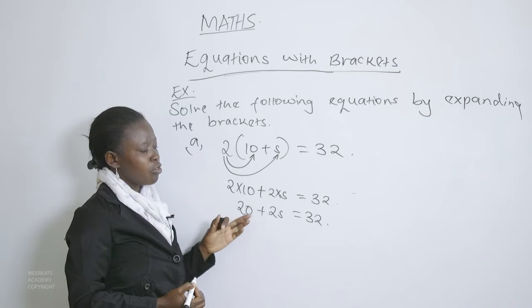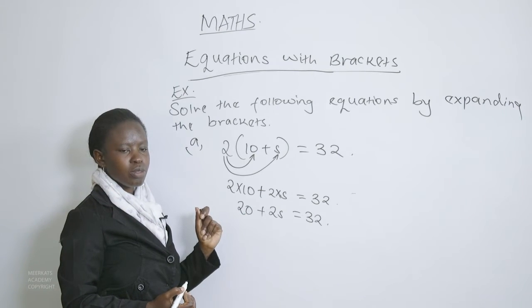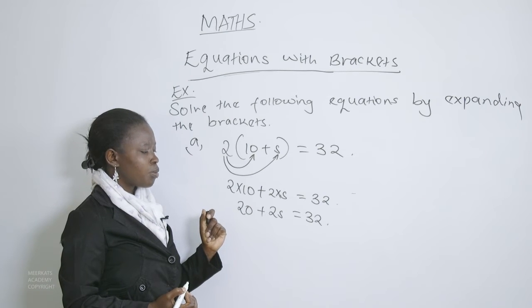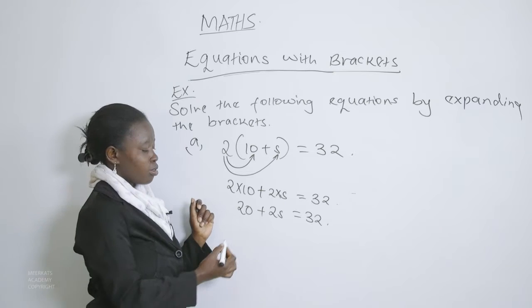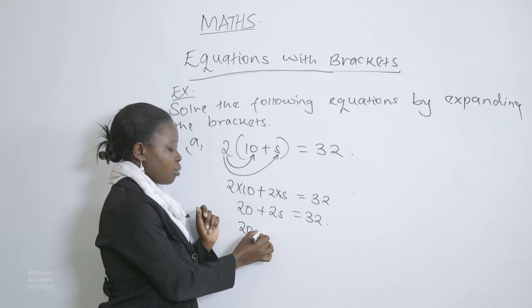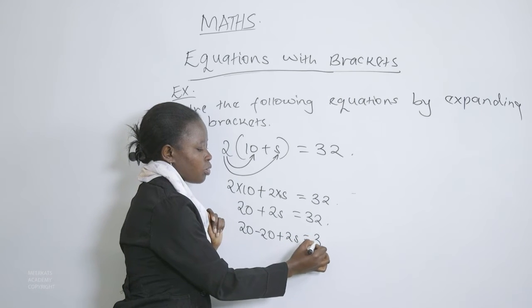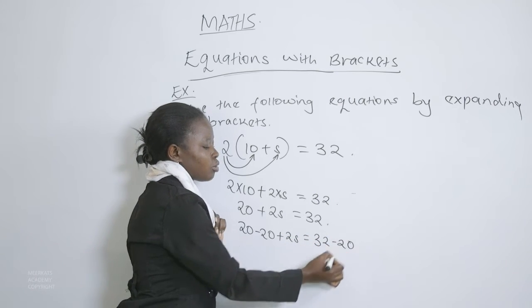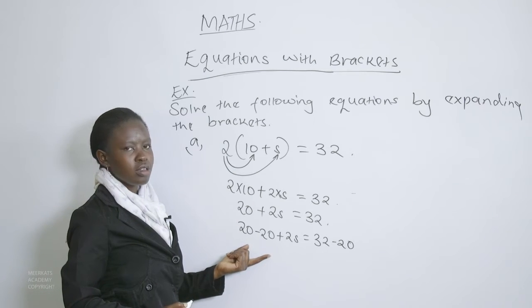The next step after forming this equation, we need to remain with 2s on this side. So our step will be subtracting 20 on both sides, so that we have 20 minus 20 plus 2s is equal to 32 minus 20. So subtracting 20 on both sides, 20 minus 20 is 0.